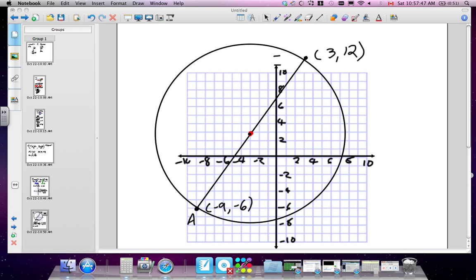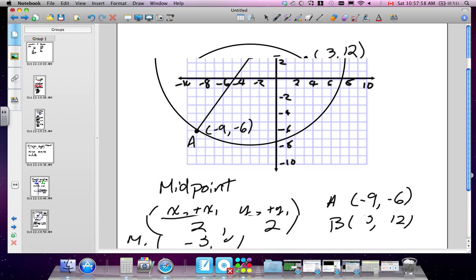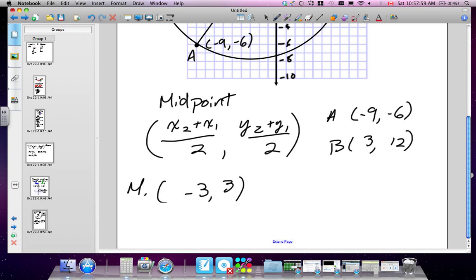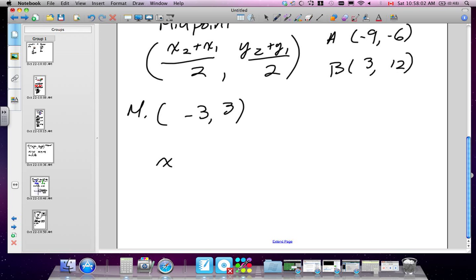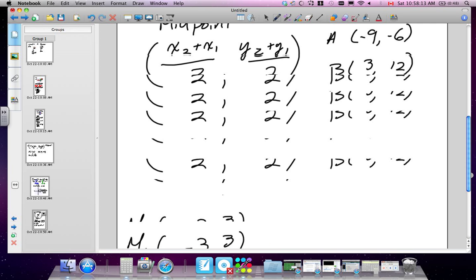So here's the important part now. We have the midpoint. We need to find the equation of this circle. We knew the equation of the circle goes (x minus h) squared plus (y minus k) squared equals r squared, right? Do we have our h and our k? Yeah, we know here's -3 and 3, right?